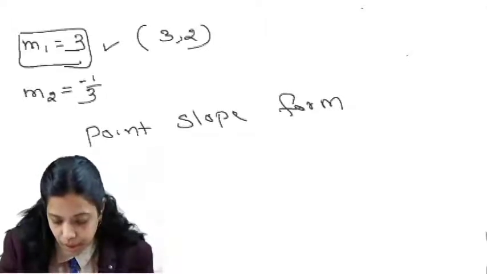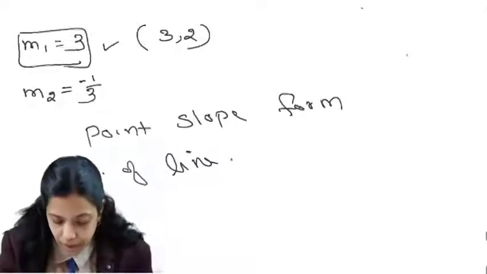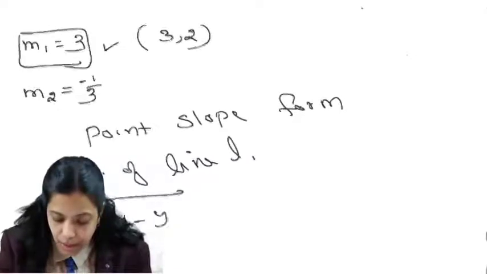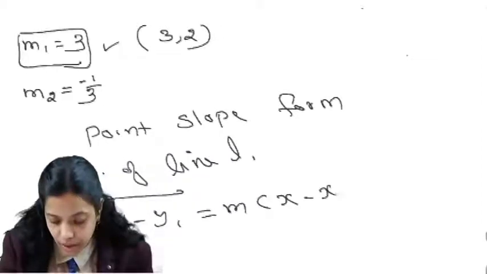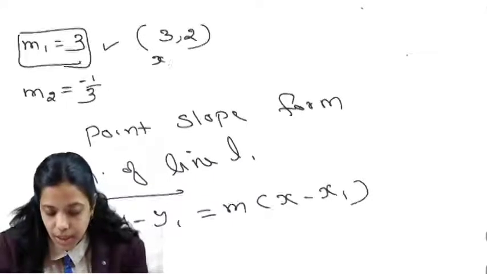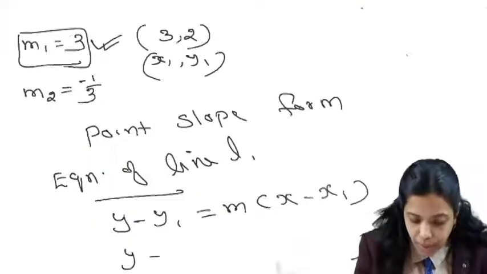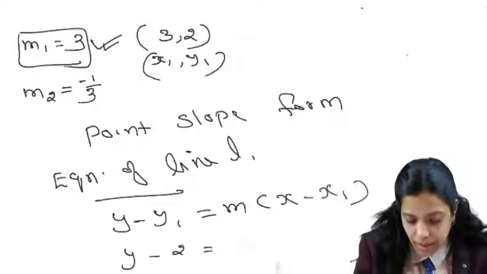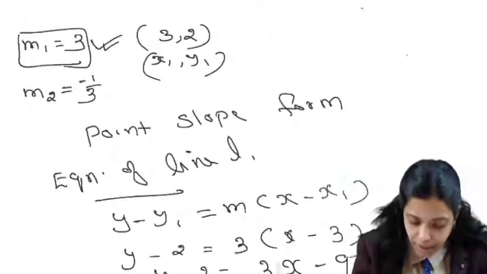So the equation of line L1, we can mark it as y minus y1 equals m times x minus x1, and here x1, y1 is the point 3, 2, and the slope we are considering as 3 itself. So y minus 2 equals 3 times x minus 3. So we are getting y minus 2 equals 3x minus 9.